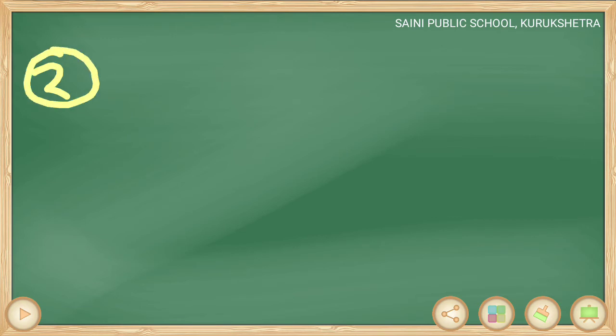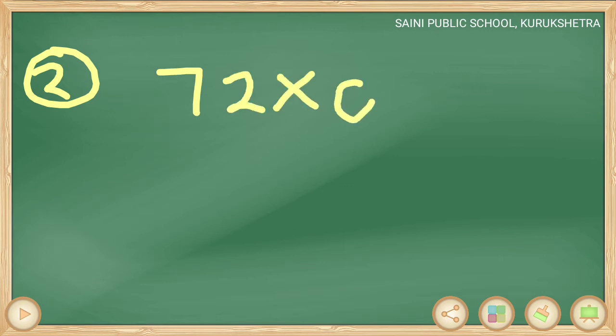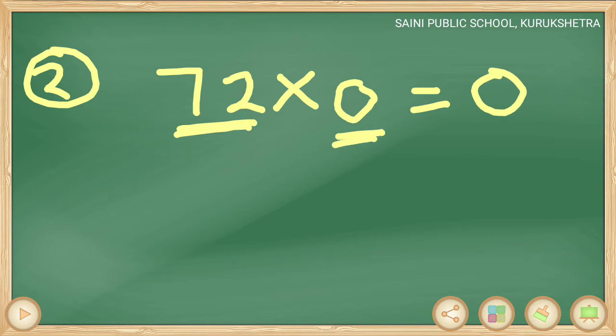says that when we multiply a number by 0, then our product is always 0. Means when we are multiplying a number, here I am taking the number 72, by 0, means the multiplier is 0, then the product will always be 0, whether the number is 2 digit, 3 digit, or a large number.